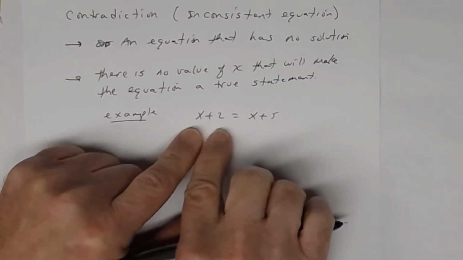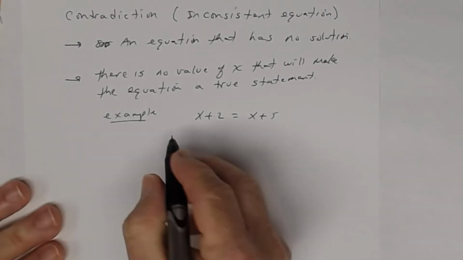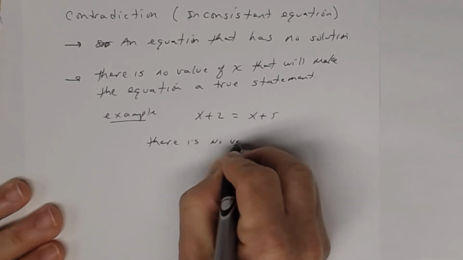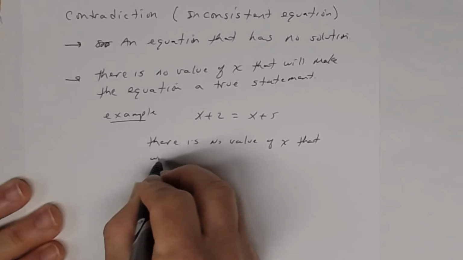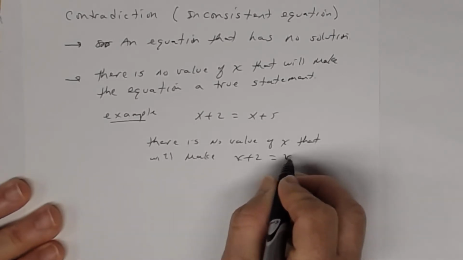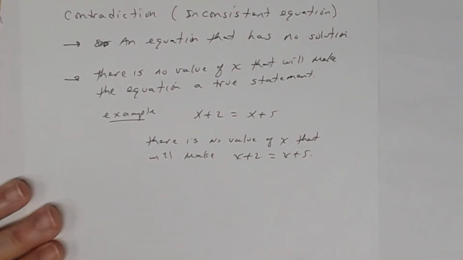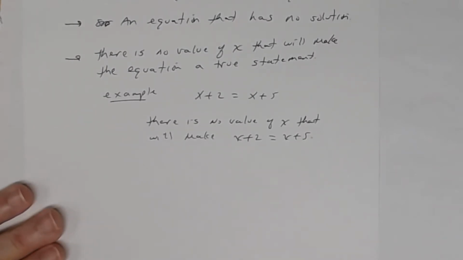A number plus 2 is not equal to that same number plus 5. So there is no value of x that will make x plus 2 equal x plus 5. So this equation is called a contradiction.